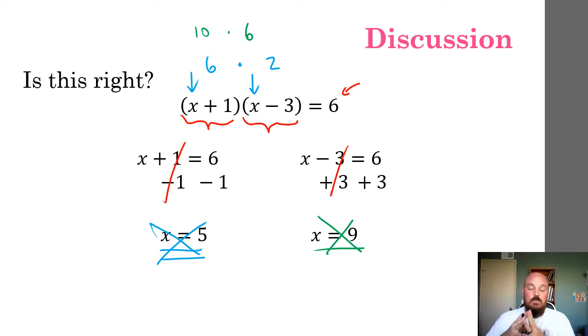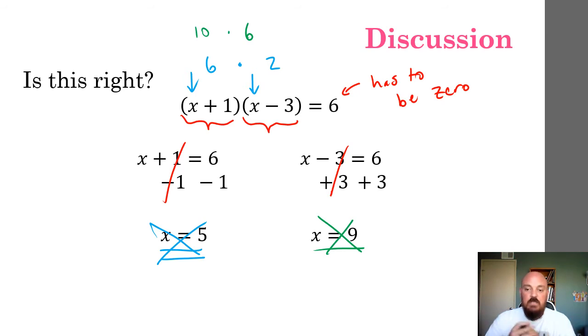To understand why, remember the name of the property we learned. It's called the zero product property. This process only works if it's equal to 0. Because remember, the zero product property says if I'm multiplying two numbers and the answer is 0, one of those numbers has to be 0.